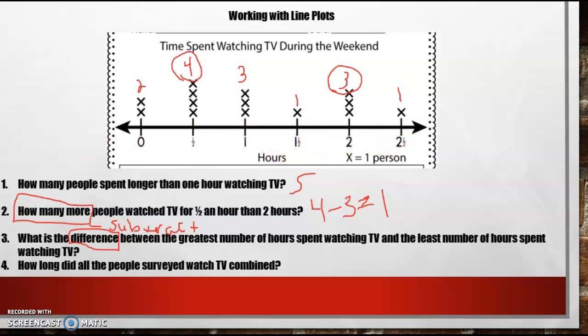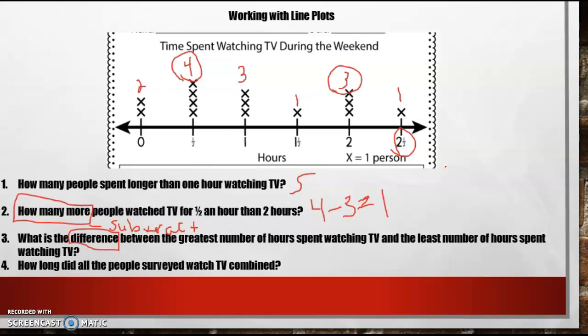The expectation is you're answering my questions when I ask them. I know I may not be right here to hear the answers, but saying them to yourself or out loud or to your stuffed animal or whatever really helps. So what is the greatest number of hours spent watching TV? 2.5 hours.